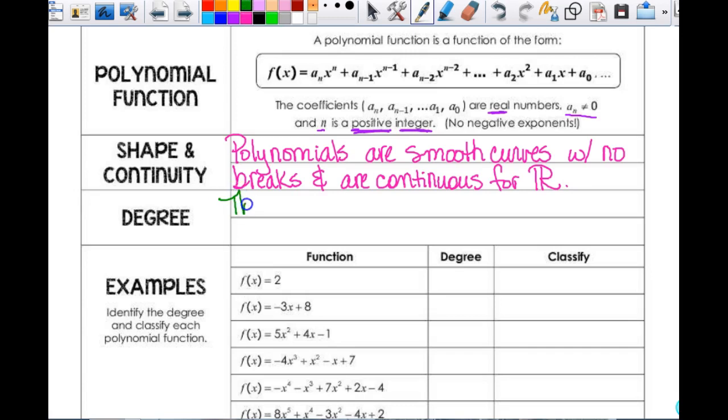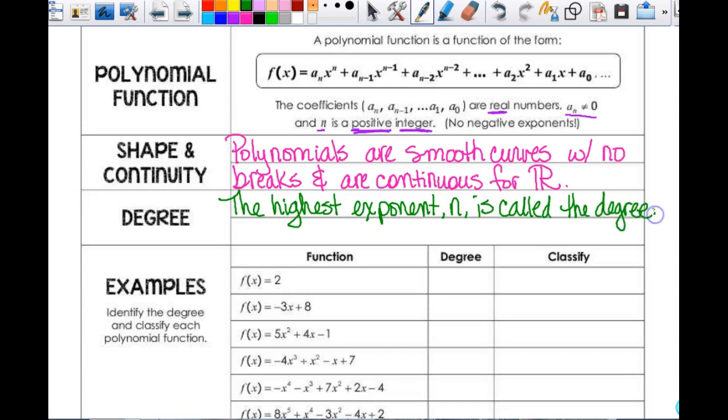Okay, so the highest exponent, which is n, is called the degree. And polynomials are classified by degree.